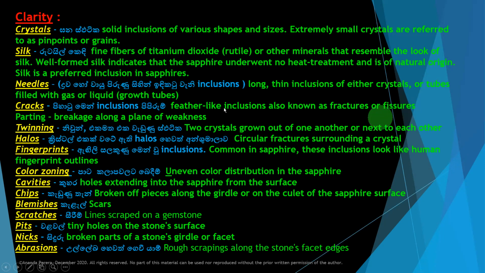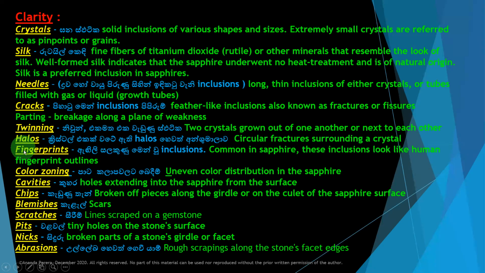There are three names: feathers, fractures, fissures, all are cracks. Parting: breakage along a plane of weakness. Twinning: two crystals grown out of one another or next to each other. That is twinning, doubling.